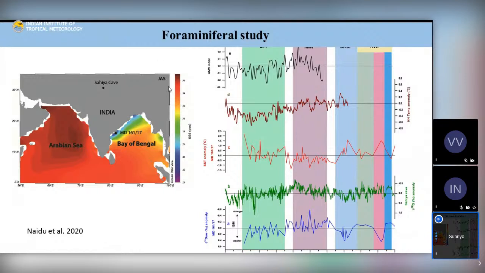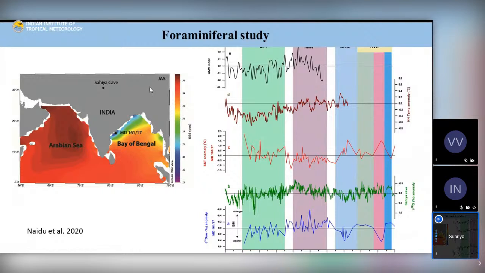But during the interglacial time, when the ice melts from the polar region and returns to the sea, the isotopic values will be low. So the foraminiferal species which grow during this interglacial period will have lower isotopic values.